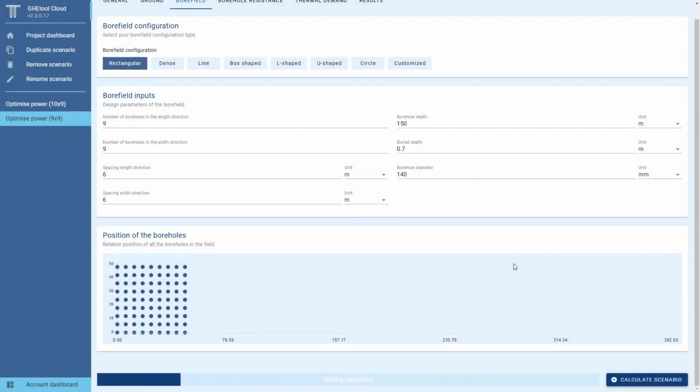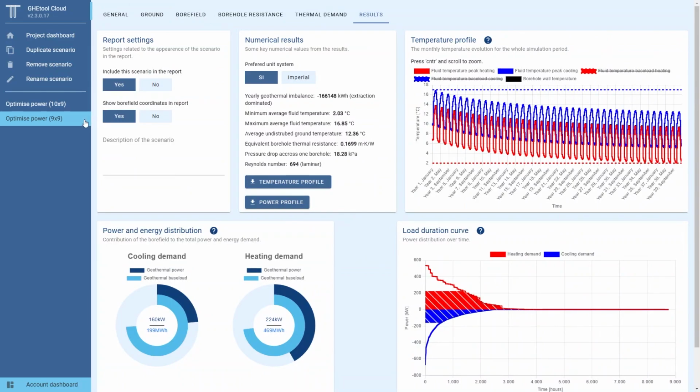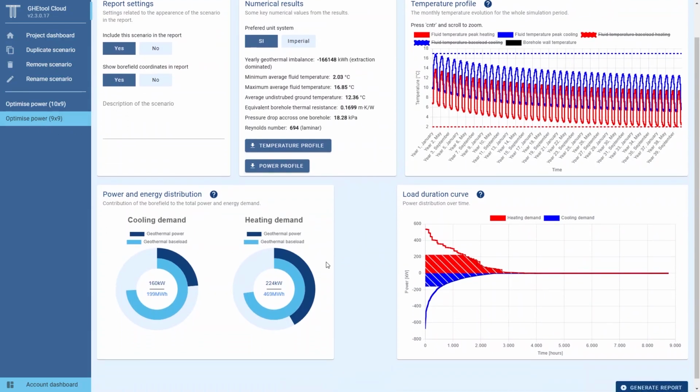Whenever you're designing a hybrid system, you're always trying to find the optimum between the amount of boreholes you need to drill versus the geothermal share you can get. So with the 10/9, we saw that we were able to get 75% of geothermal share in both heating and cooling. If we go to 81 boreholes, we see that it's almost the same.